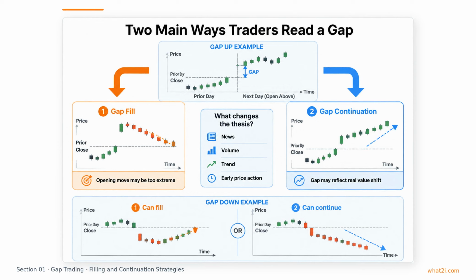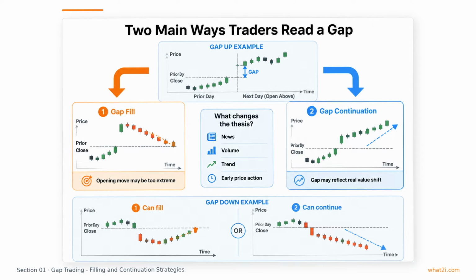A gap up can fail and fade lower, but it can also become the start of a strong move higher. A gap down can bounce and fill, or it can continue falling if the news truly changed the outlook. The important point is that the direction of the gap does not tell you the trade by itself. Your job is to determine which thesis has better evidence after the open.